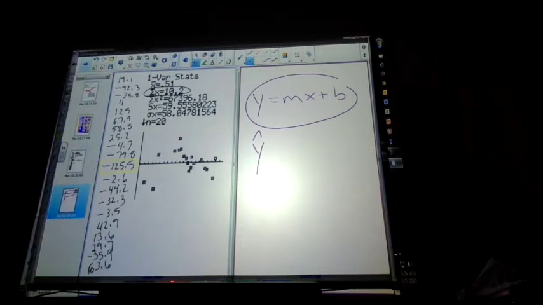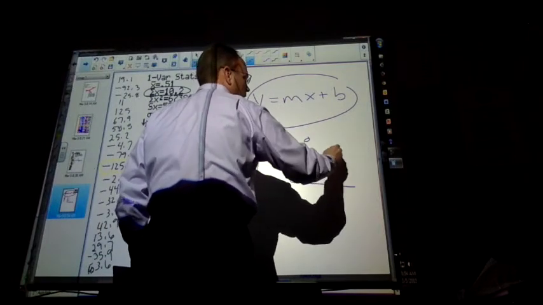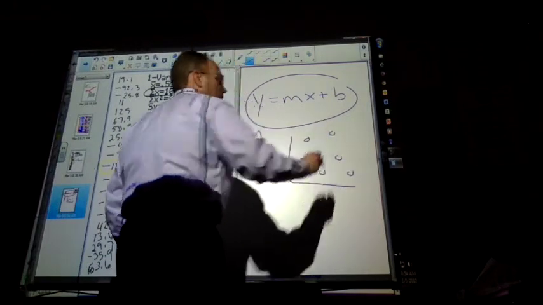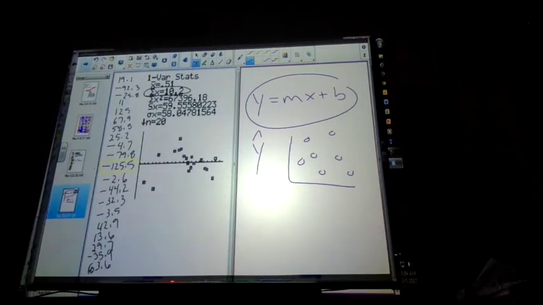I think it depends upon the data. If you had data that's all over the place, I don't think it's very reasonable to say, hey, we have a line of best fit that fits this data. So it really depends.